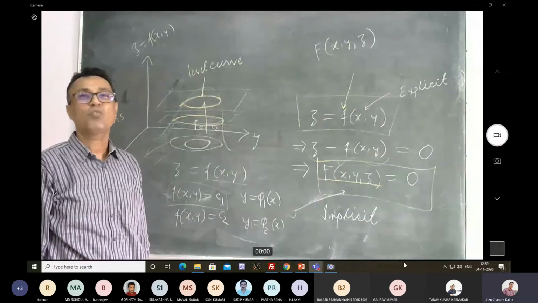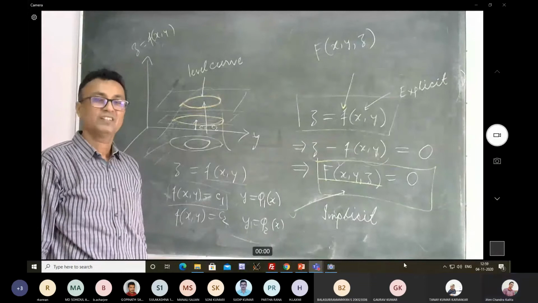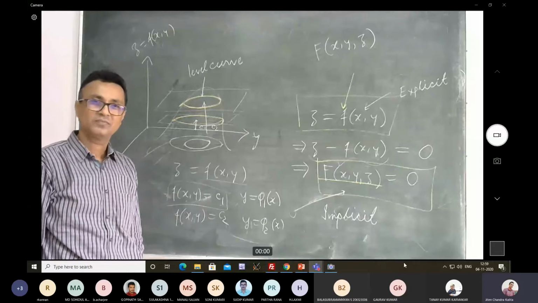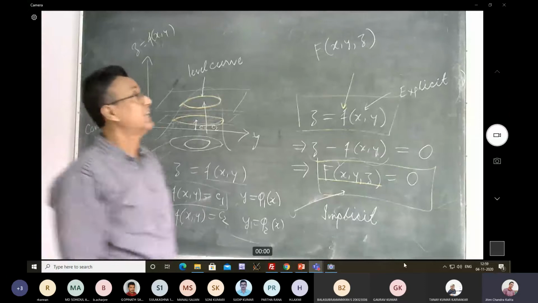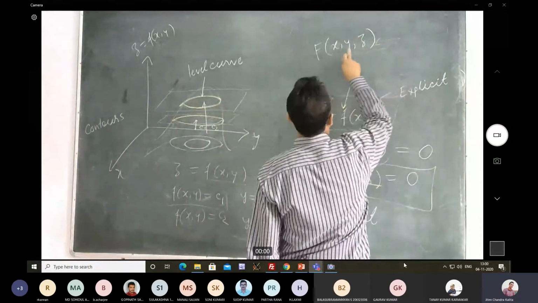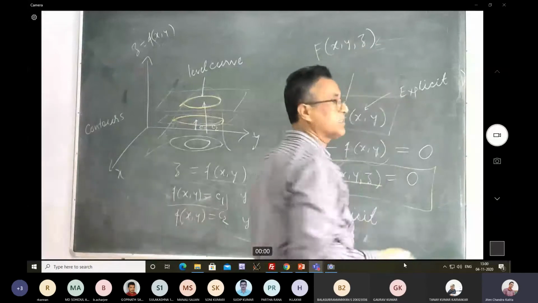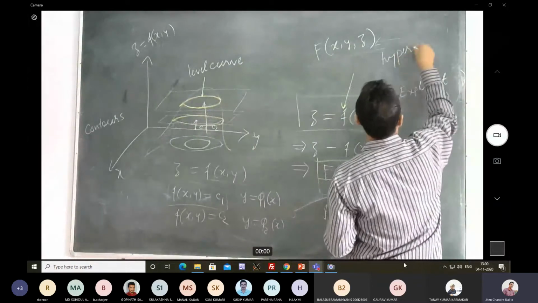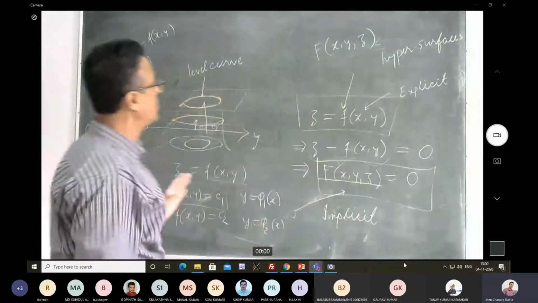Because I would need some kind of four-dimensional space, isn't it? That is why, since we cannot visualize them for functions of three or more variables, the surface generated by them, although we cannot visualize it, is called a hypersurface.